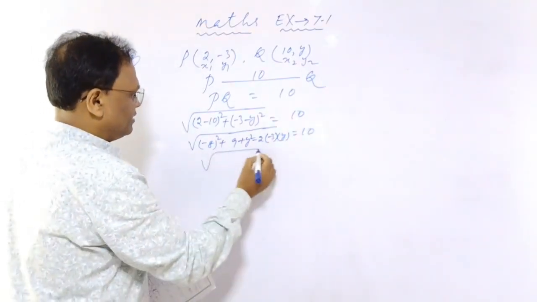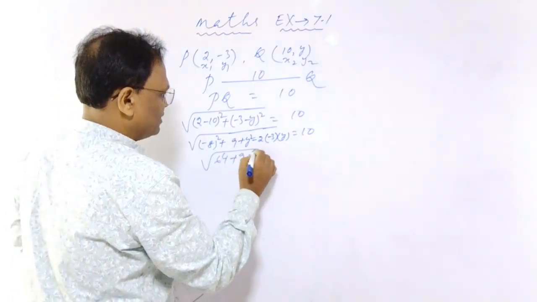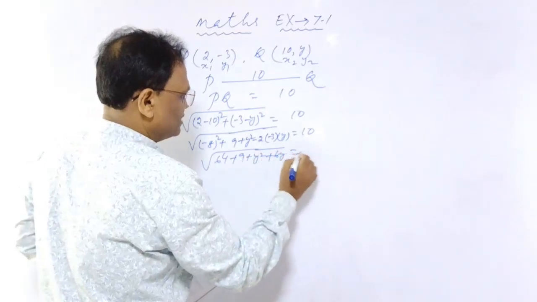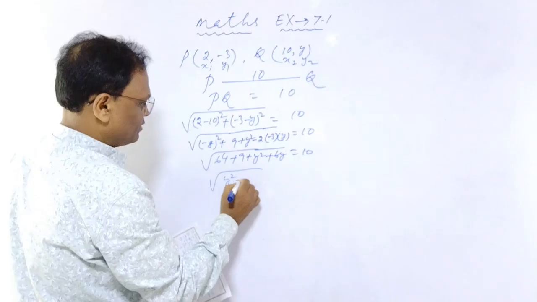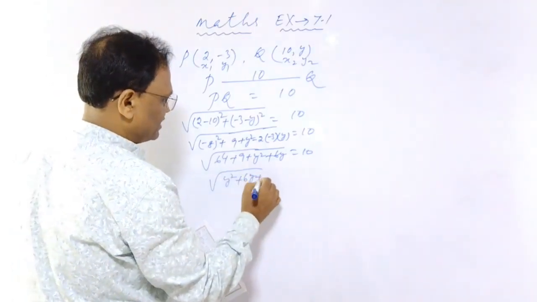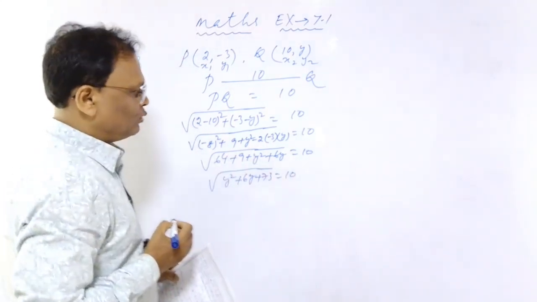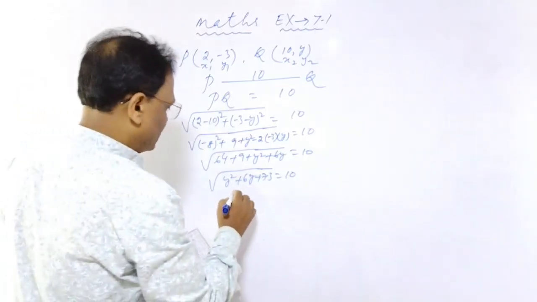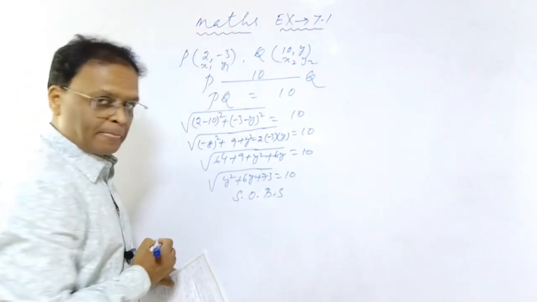Now what am I getting? 8 squared is 64, plus 9 plus y square plus 2 times 3 is 6y, equals 10. Or y square plus 6y plus 64 plus 9 is 73, equals 10. Now I'll square both sides because I need to remove this root. If I want to remove the root, I must square both sides.